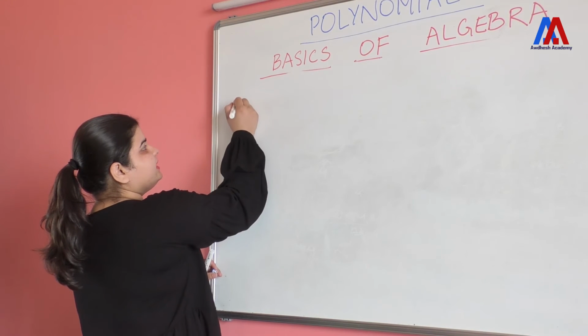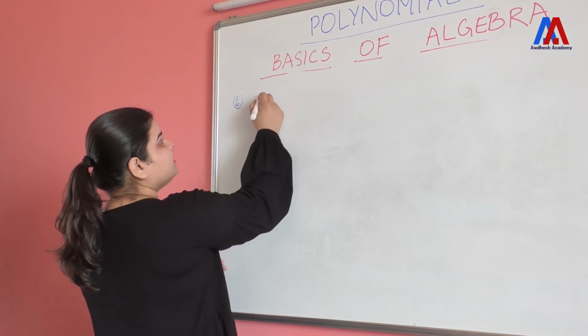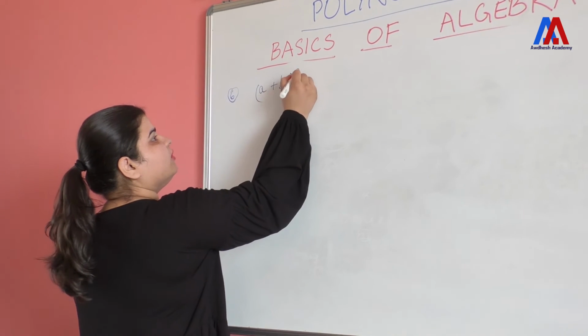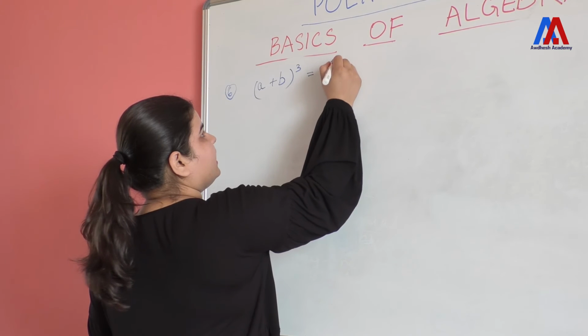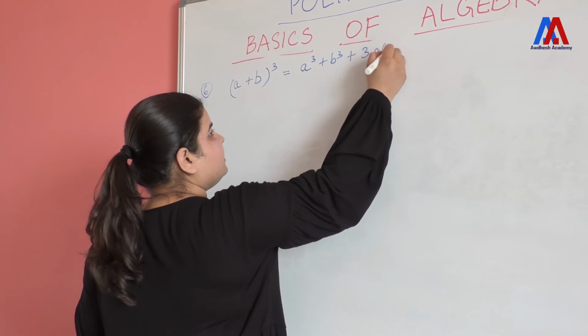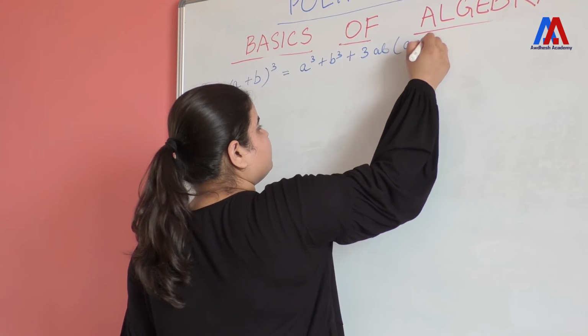The sixth identity comes from the earlier identity which we have done, that is a plus b the whole cube, which was a cube plus b cube plus 3ab into a plus b.